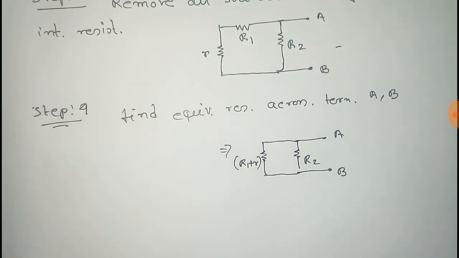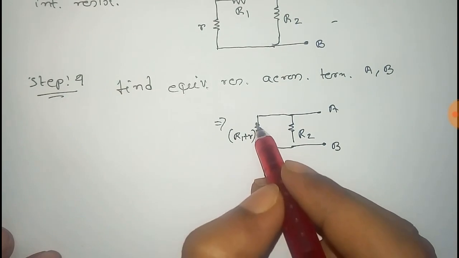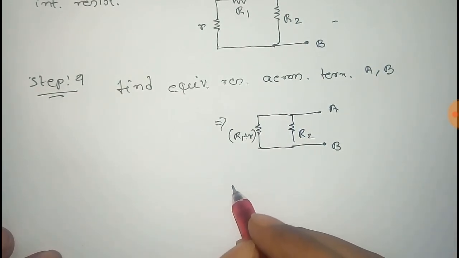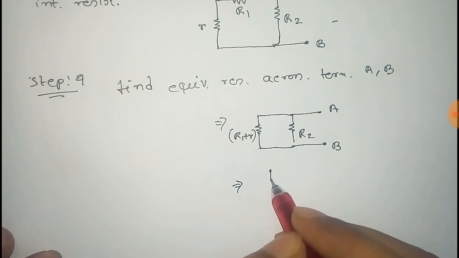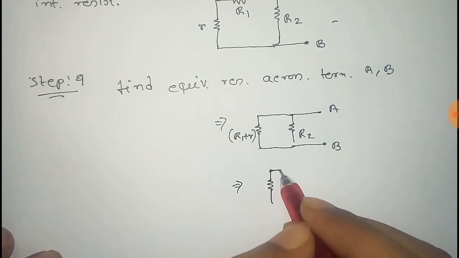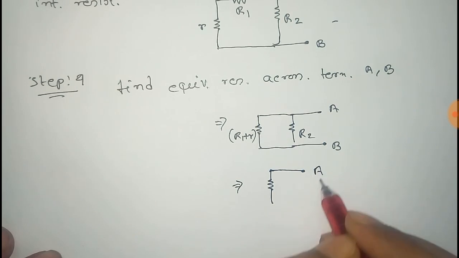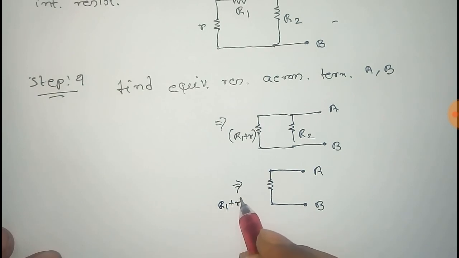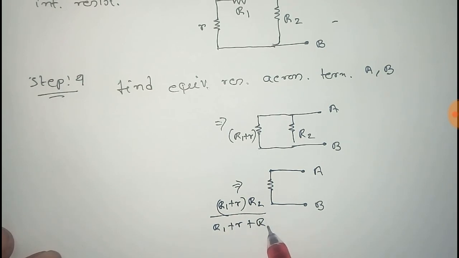And now in this circuit, this one and this one are in parallel, so the equivalent resistance will be replaced by only one resistance, and that is terminal A, that is terminal B, and the equivalent resistance is given by the parallel combination of these two, that is the multiplication divided by the addition of the resistances.